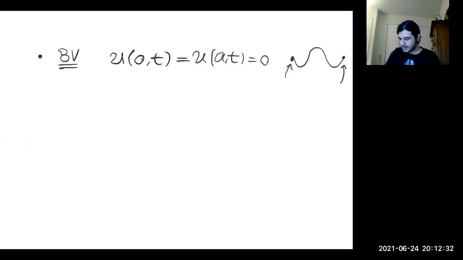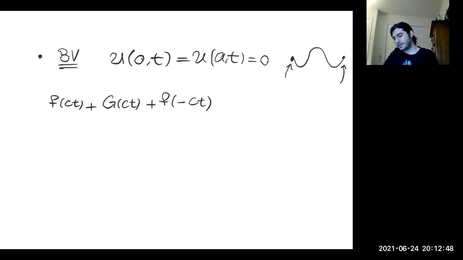So we are going to see that f of ct plus g of ct plus a minus a, they would cancel each other, plus f of x minus ct. So if x is 0, we would get just f of minus ct plus g of minus ct. Again, x is 0. We get this thing should be equal to 0. Sorry, the second one is minus.